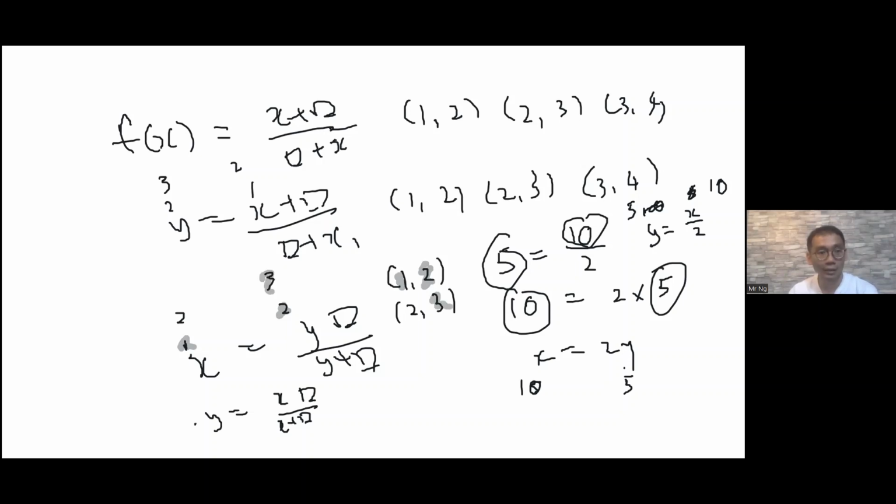After that, you suddenly change the y and the x. As a result, here is still 2, here is still 1, here is still 3, here is still 2.